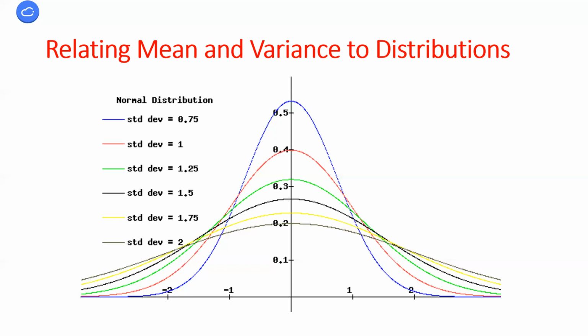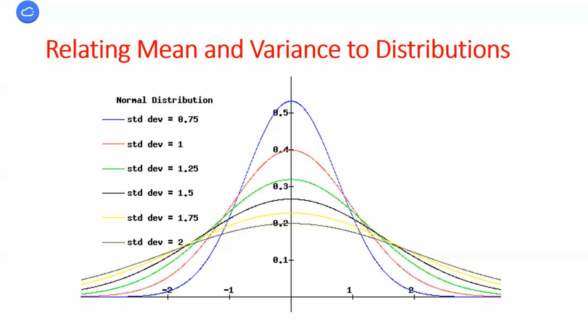Remember, these frequency distributions show how often we see these values. A higher variance means that seeing values further from the mean becomes more likely. So higher variances flatten this curve, making the tails fatter. We're more likely to see observations further from the mean, and less likely to see values near the mean. So higher variances, flatter curves.